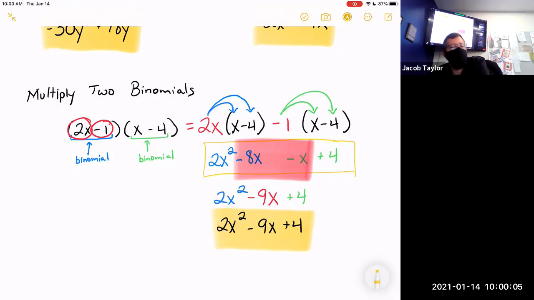So 2x squared and 4 are different terms. The terms have to be alike for us to combine them. If we wanted to combine the 2 and the 4 together, there would have to be a plus or minus sign in between the 2 and the x squared, like 2 plus x squared. Then I could combine the 2 and the 4 because the 2 is its own term.